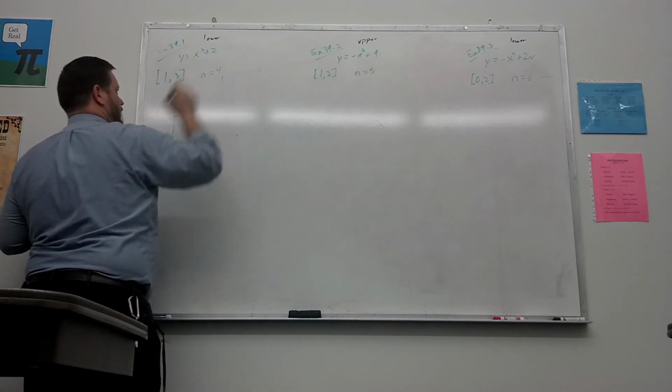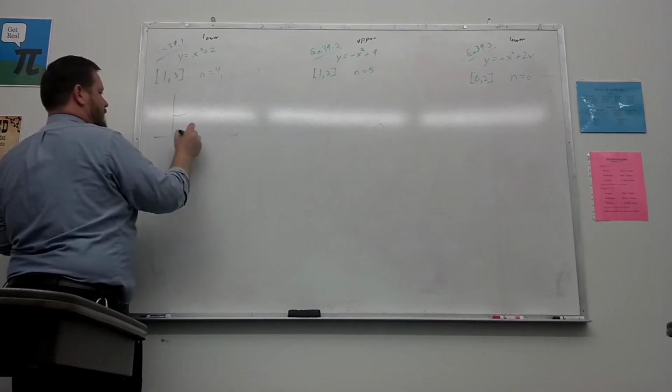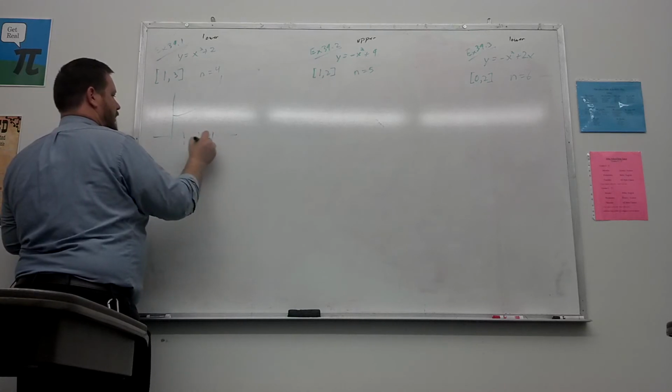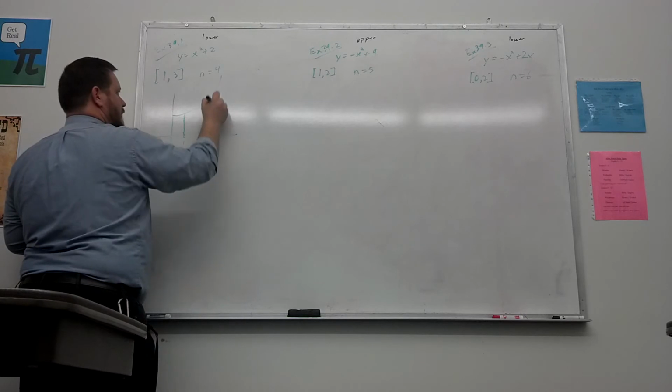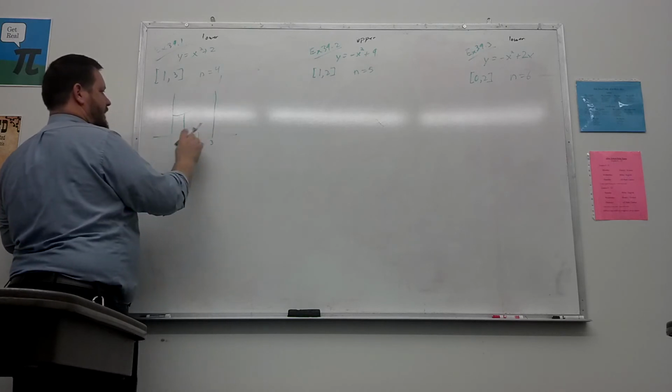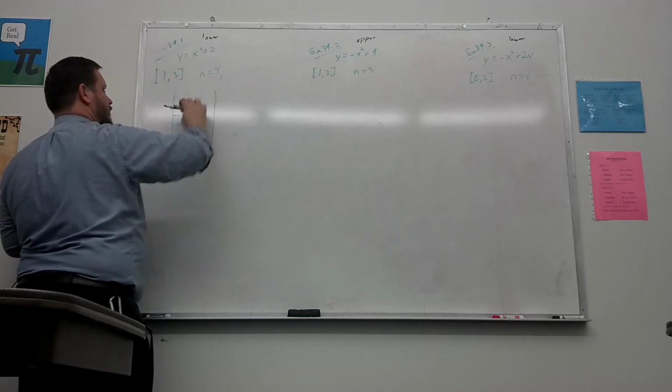It's going to look about like this. And we want to go on the interval from 1 to 3. So we are looking for this area in here, from 1 to 3, from the x-axis to the curve here.